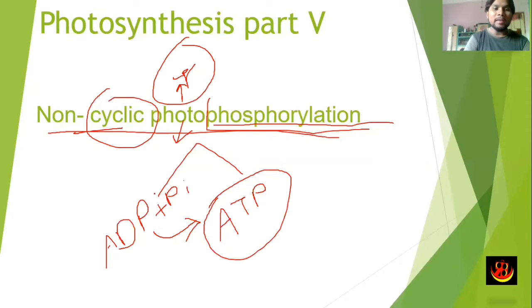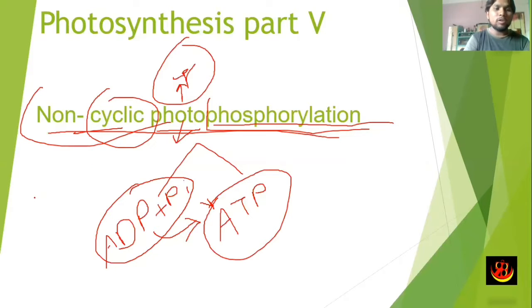So at the end ADP is combining with the inorganic phosphate and generating ATP. So this phosphorylation process happens because of light. It is known as photophosphorylation.